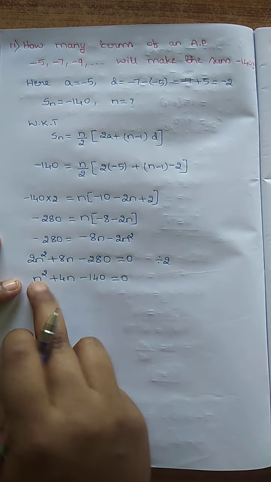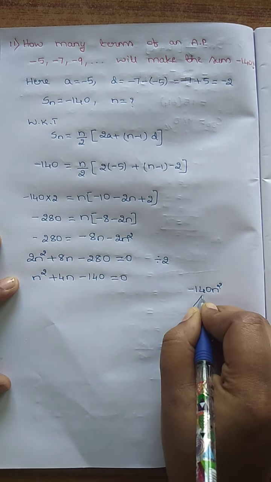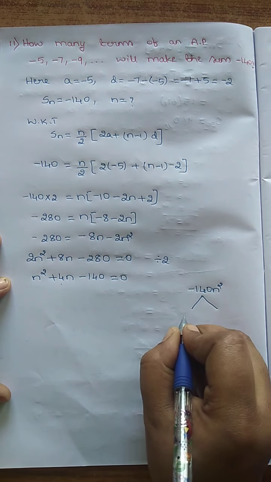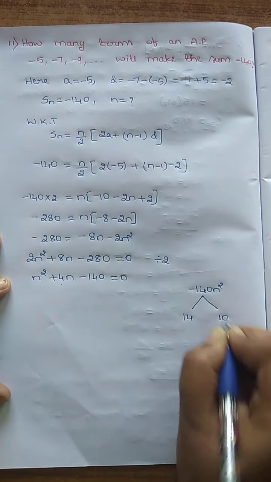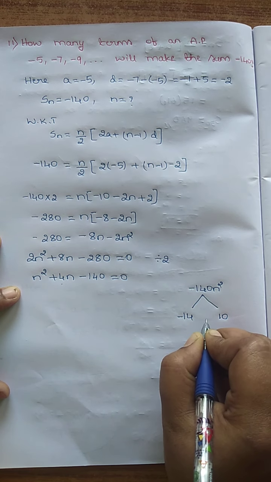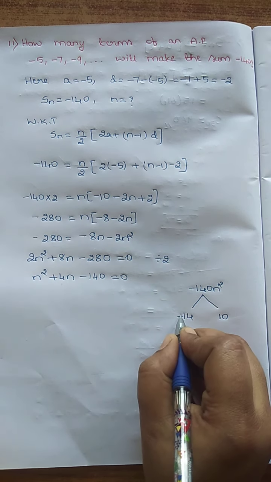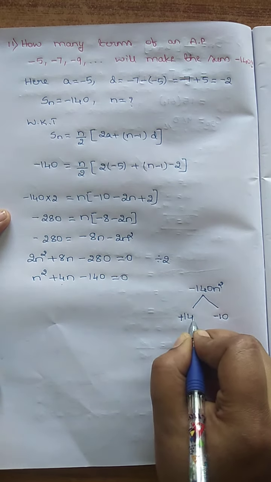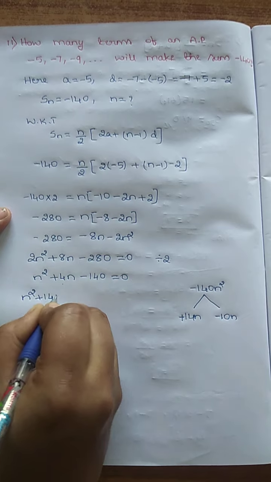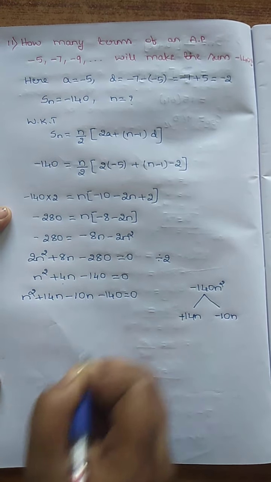So here, minus 140 into n square. We have to get a difference of plus 4n. 14 into 10 is 140, so minus 10 plus 14. Therefore n square plus 14n minus 10n minus 140 equal to 0.